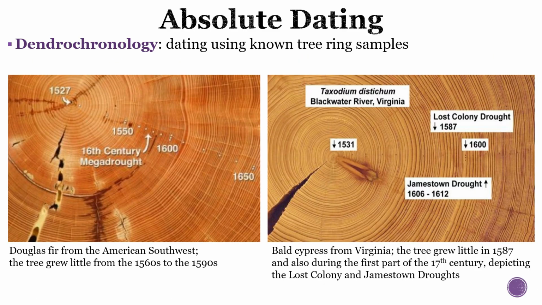Here's an example of two broad tree rings in the way that they can give us information about their history, about their environment, and the way that two similar time periods can look very different in different parts of the continent. So on the left-hand side, there's a Douglas fir from the American Southwest. It was planted 1527, and the tree rings here extend up past 1650.